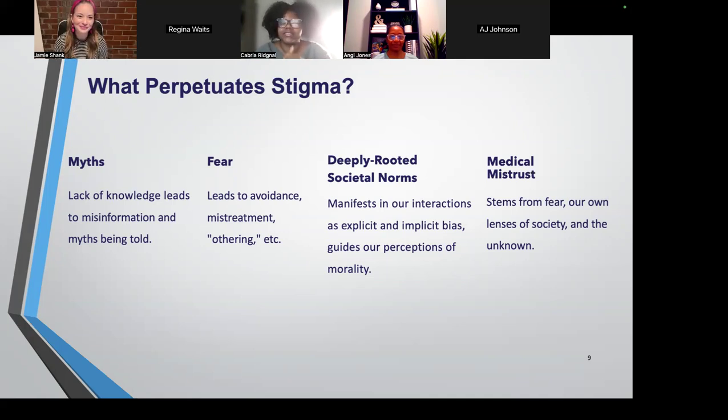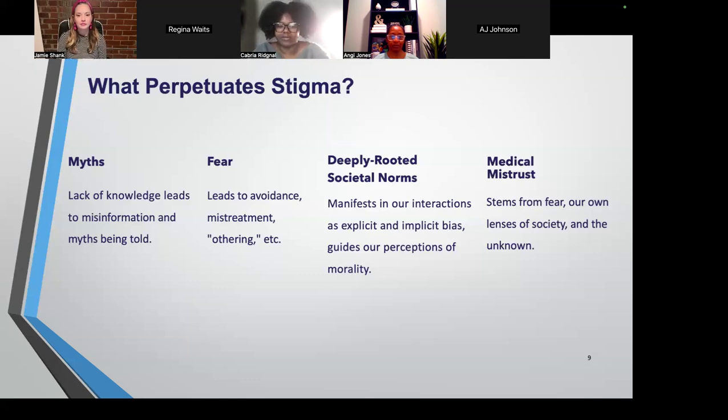So we have myths and fear. So myths is basically the lack of knowledge and misinformation. We saw that run rampant the last couple of years, especially with COVID. And it also ties into HIV in the care continuum, because there are a lot of myths that still exist, especially I know in my mom's generation, she still doesn't really understand what I do and how she could protect herself in general.